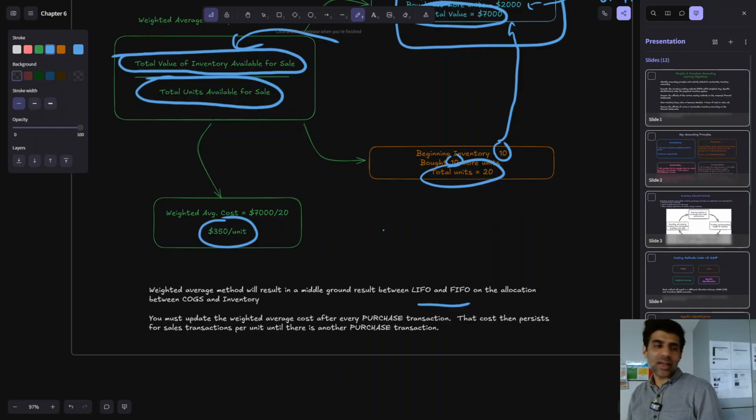Up, right? What do we call that? Inflation, right? So if you assume that the price of your inventory item is going up, which one is going to give you the higher profit? LIFO or FIFO?